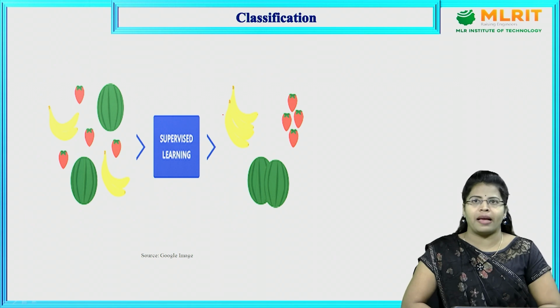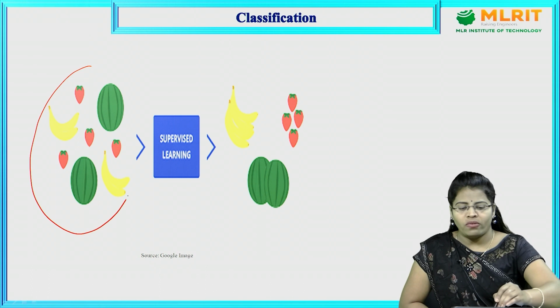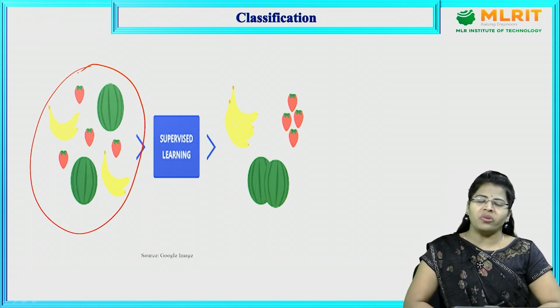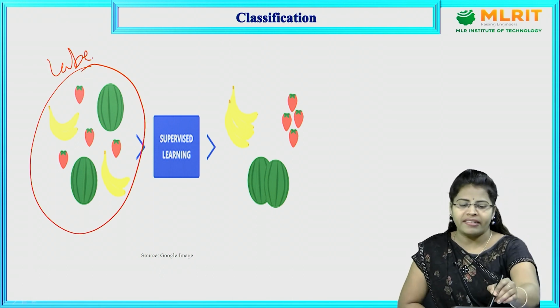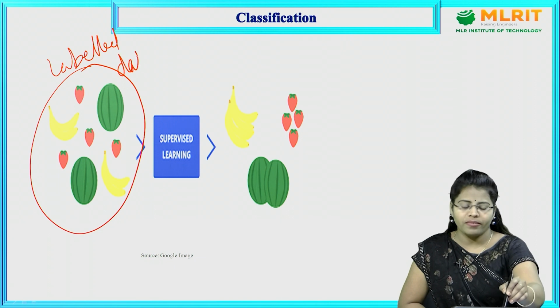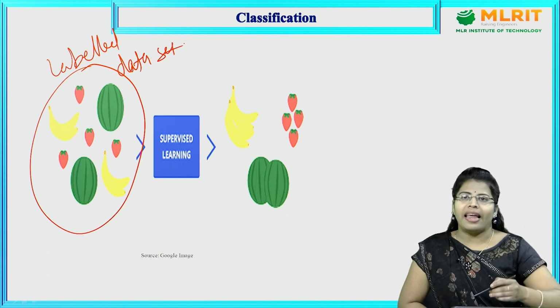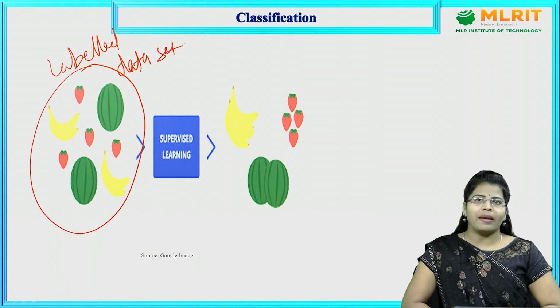Next, one more example. As you can see in the image, it consists of different types of fruits, which is a labeled data set, like watermelon, strawberries and bananas.